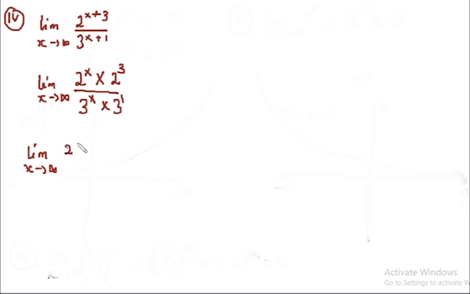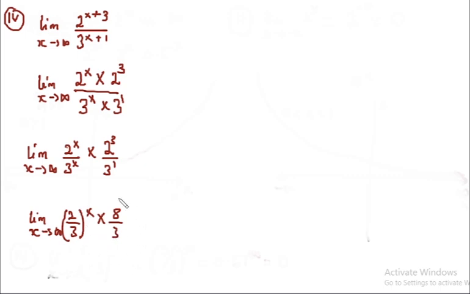So this is 2 to the power of x divided by 3 to the power of x, times 2 to the power of 3 divided by 3 to the power of 1. Since they have the power of x here, I can still rewrite this as the limit as x approaches infinity of 2 over 3 to the power of x, times 2 to the power of 3 is 8 over 3.